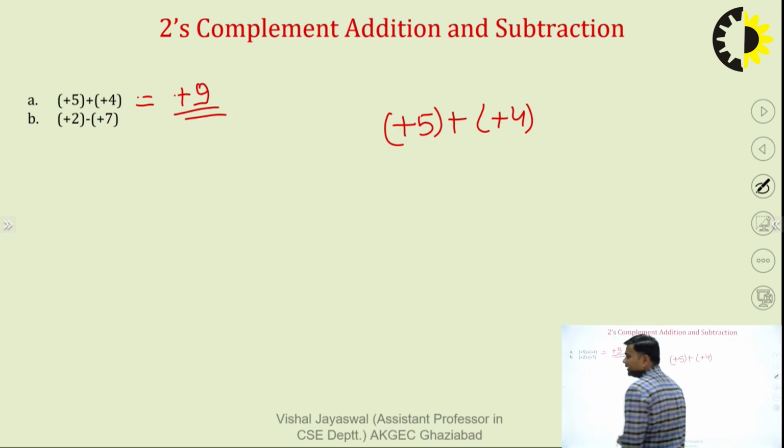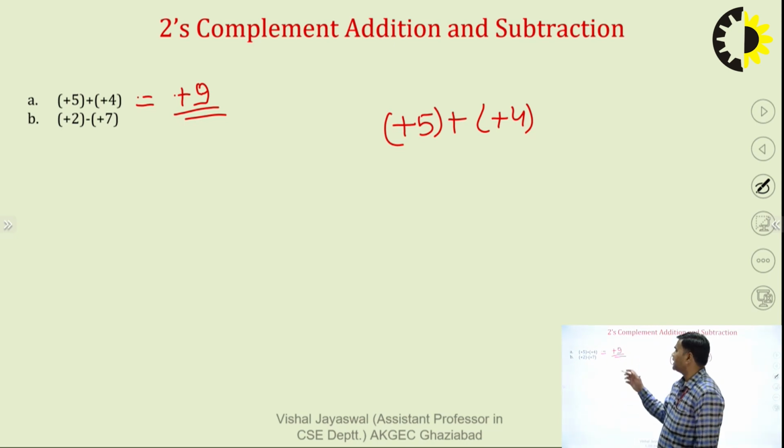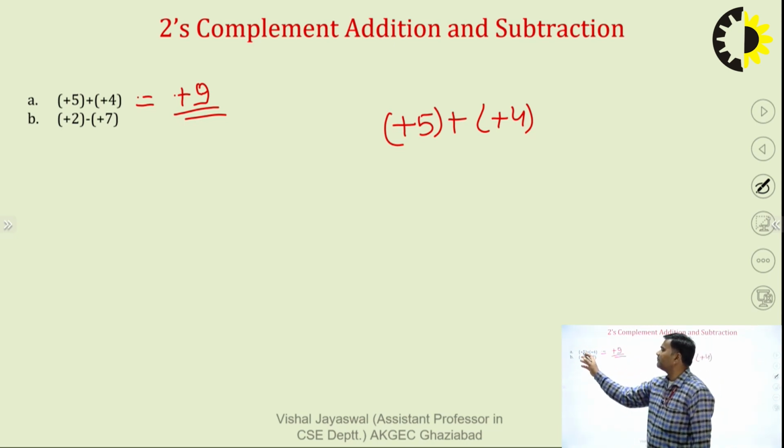By looking at it, plus 5 is a 3-bit magnitude and 4 is a 3-bit magnitude, and plus, one sign bit, means there is a 4-bit number. We perform the addition in 4 bits.